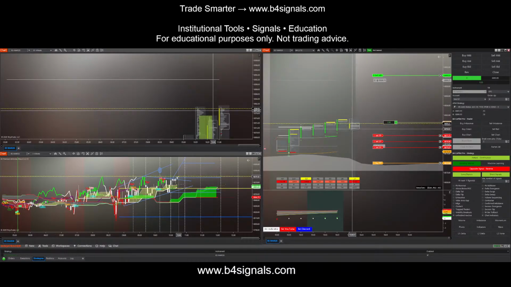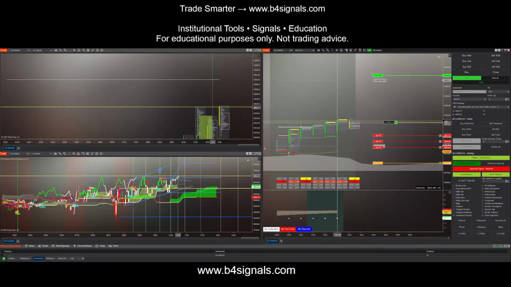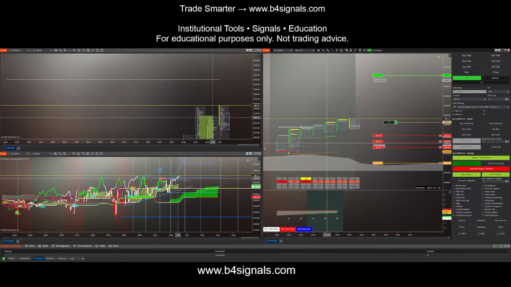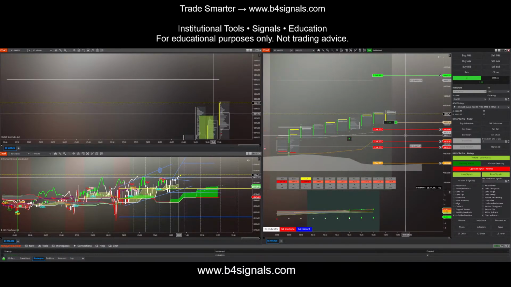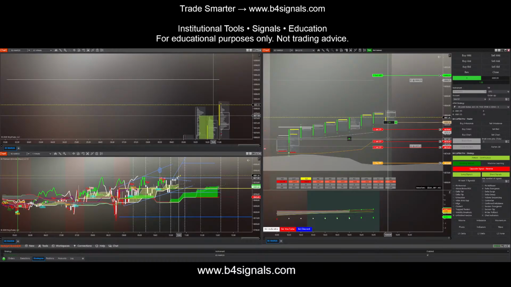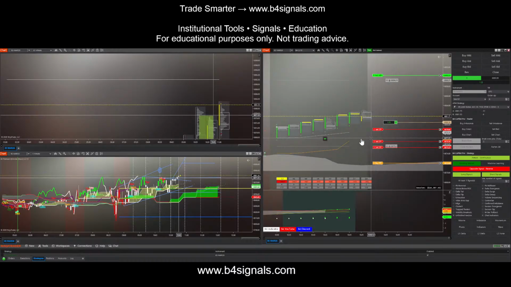We need to get above this value area high. Say it entered here. It's guarding there. It's no longer concerned about guarding it right now.